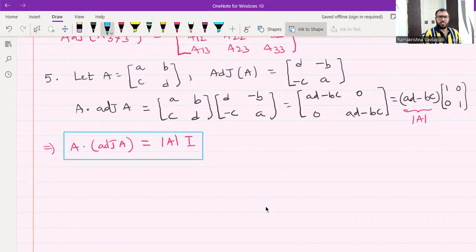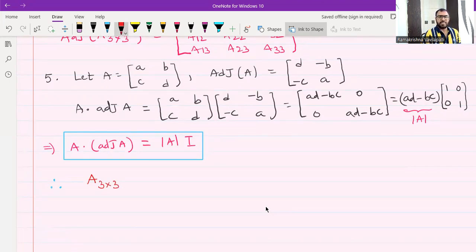So that I will write. Okay. So therefore, we can write that A n by n, or I'll write A 3 by 3, because in our exam, we will have maximum third order.